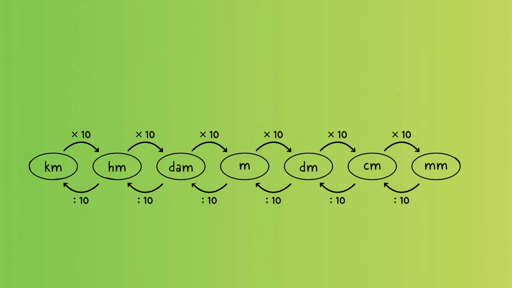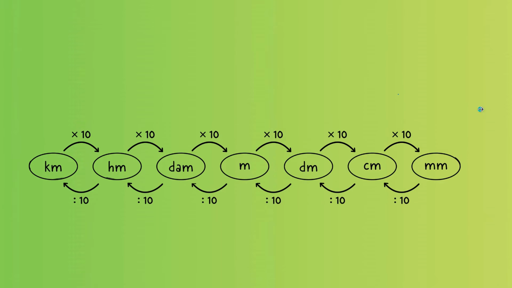If we look at our unit line, we will see the unit line consists of kilometer, hectometer, decameter, meter, decimeter, centimeter, millimeter. And you will see every time that you jump from one unit to the next, it is times 10, or if you go backwards, it's divide by 10.